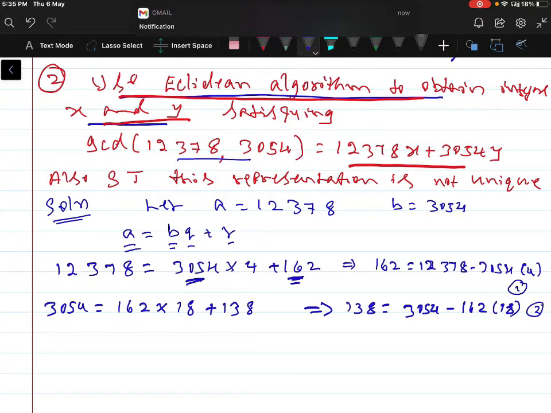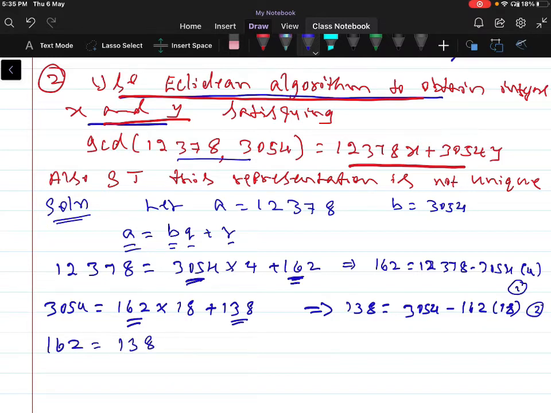That is equation number 2. Now let us apply the division algorithm for the integers 162 and 138. 162 can be written as 138 into 1 plus 24. So now 24 is equal to 162 minus 138, equation number 3.